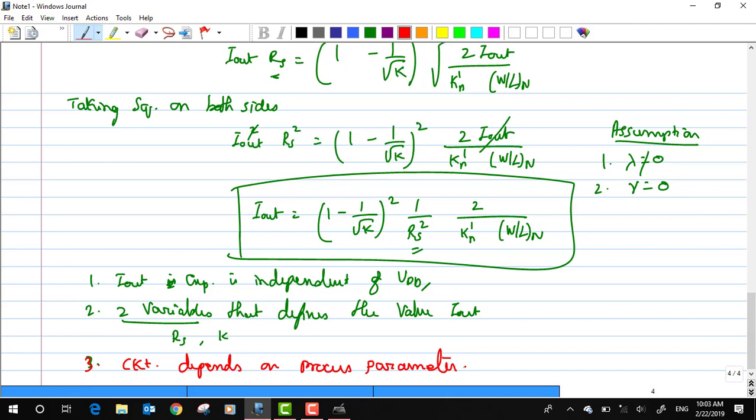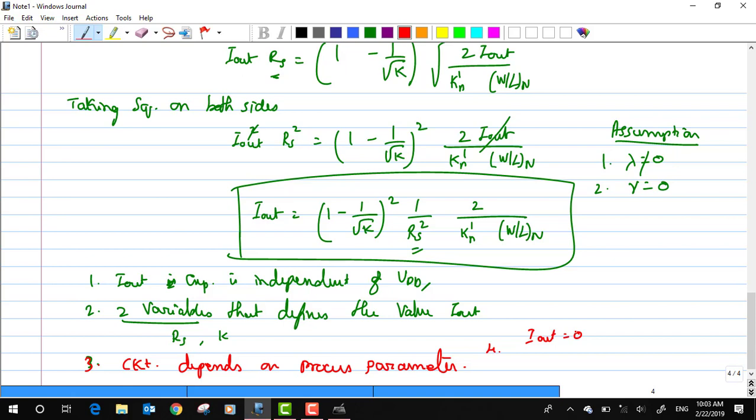But there is also one more drawback that we need to consider. The fourth, or the second drawback, is that the circuit will also support a degenerative point, which means that it can also support I out equal to 0.